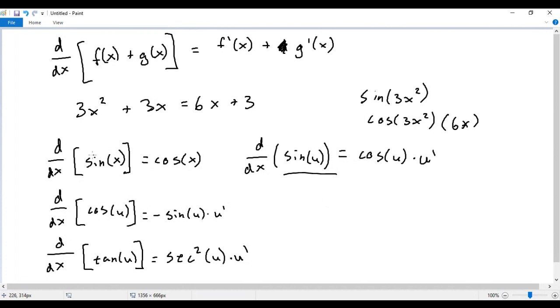For instance, the derivative of cosecant, which is 1 over sine, is going to be negative cosecant of u times cotangent of u times u prime. The derivative of secant should be secant of u times tangent of u times u prime. And then the derivative of cotangent, let me double check that really quick.